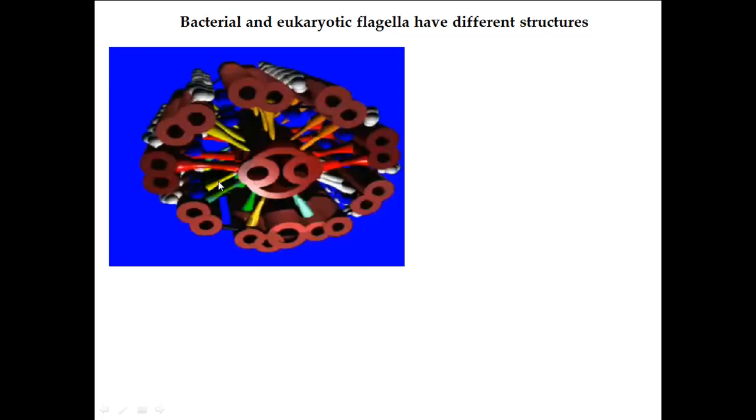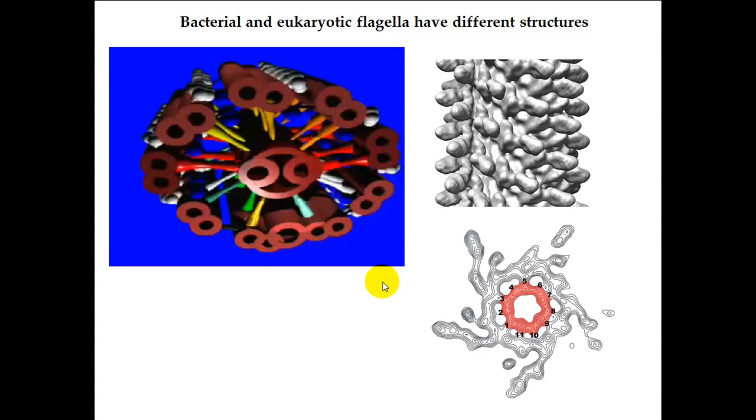It's a bundle of microtubules. On the other hand, if you look at the structure of prokaryotic flagella, it's not arranged like that. It's basically more of a solid stack of polymerized proteins. Here's a side view of bacterial flagella, and here's a cross-section. You see that it's not organized like a 9+2 structure.